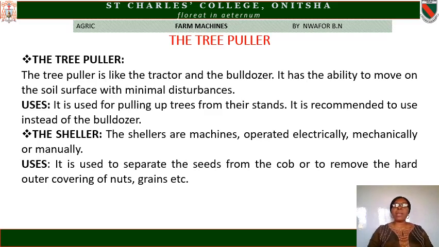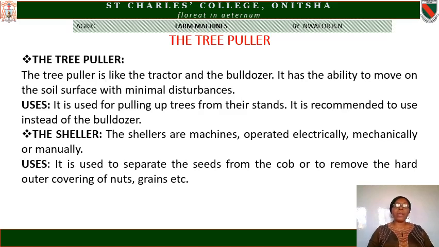The shellers are machines that are operated electrically, mechanically, or manually. It is used to separate the seeds from the cob or to remove the hard outer covering of nuts and grains.